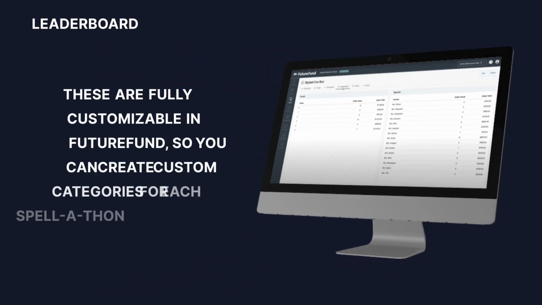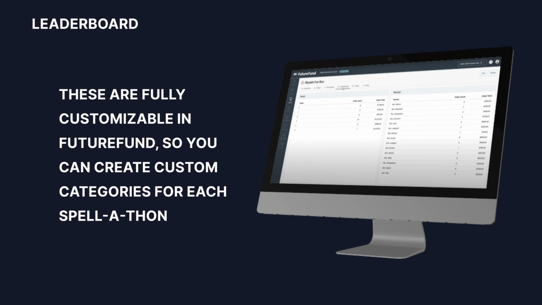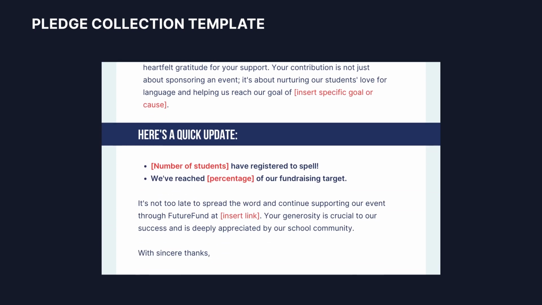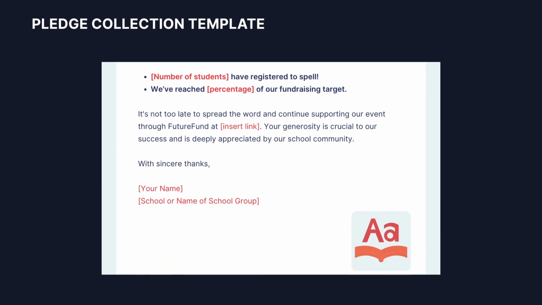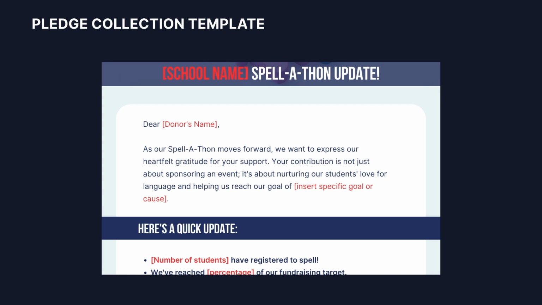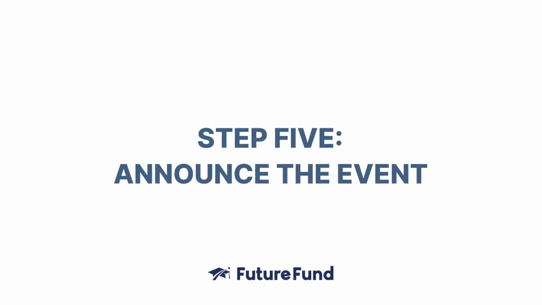These are fully customizable in Future Fund, so you can create custom categories for each Spell-a-Thon. A template students can use to collect pledges from members of the school community. Future Fund provides a sample template in all a-thon campaigns, which you can modify to include the specific details of your event.